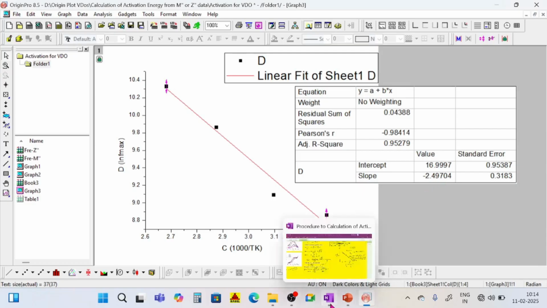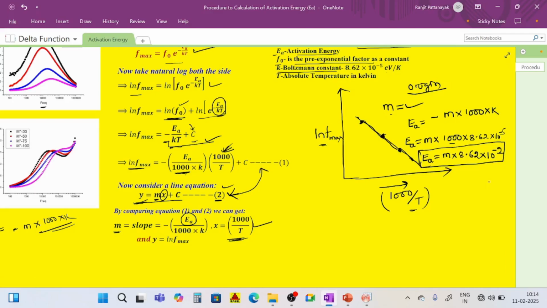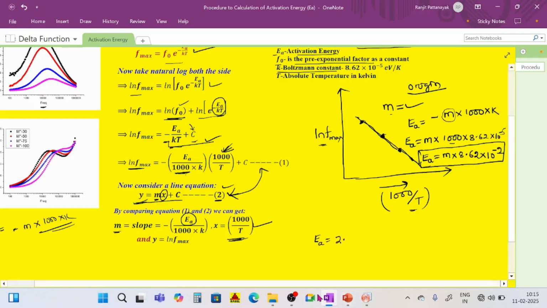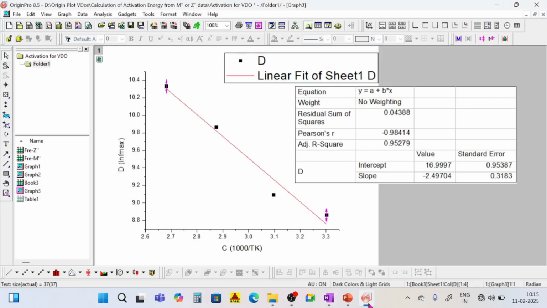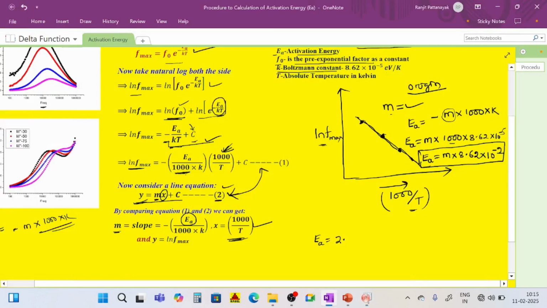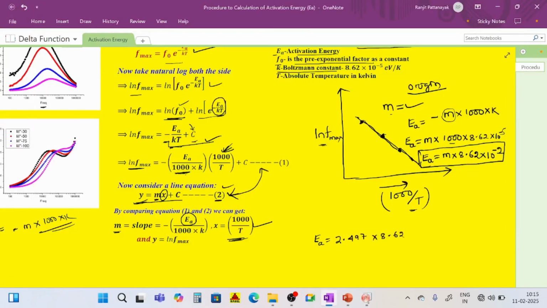So the final expression should be like this: Ea is equal to, if I put this m value, which is negative, it will automatically become positive, right? So the m value I have to put just over here, 2.497 into 8.62 into 10 to the power minus 2. Obviously it will be in electron volt.